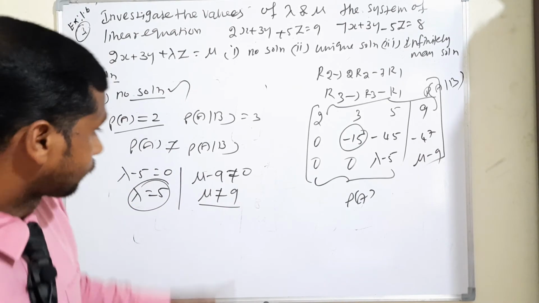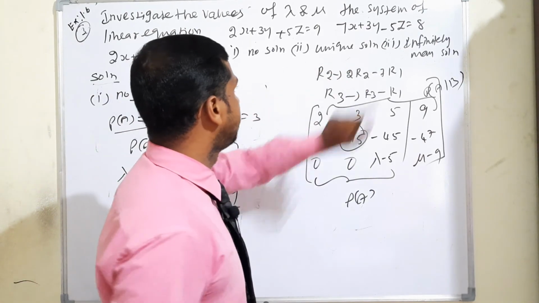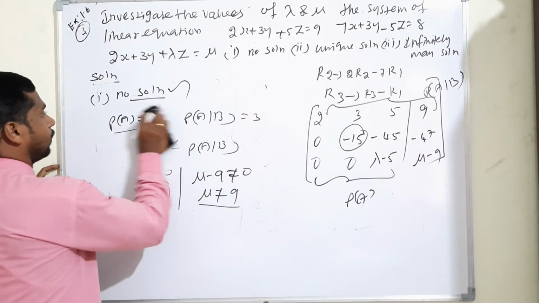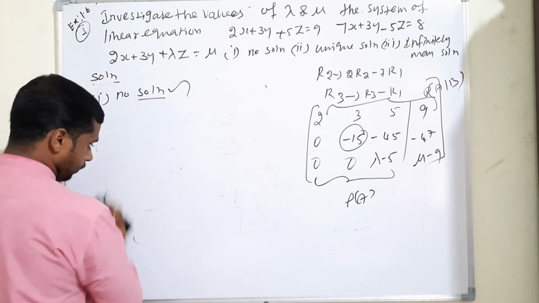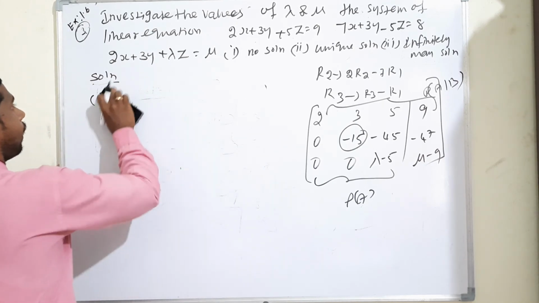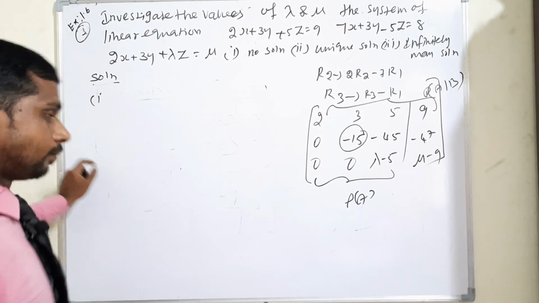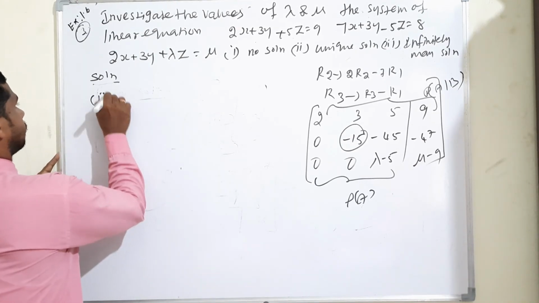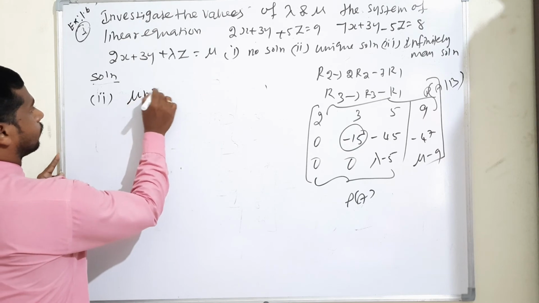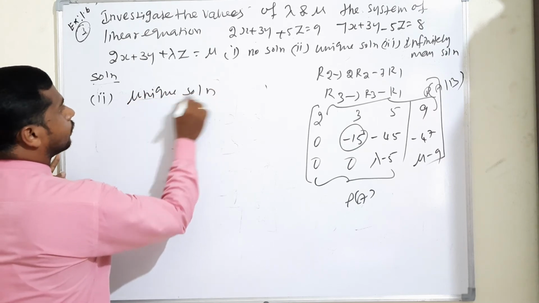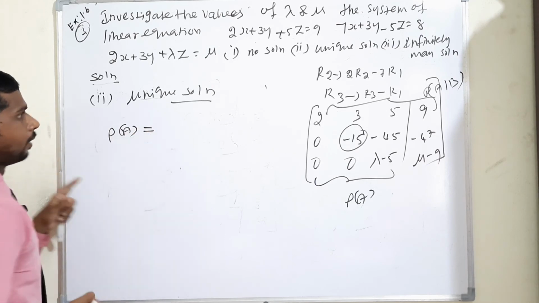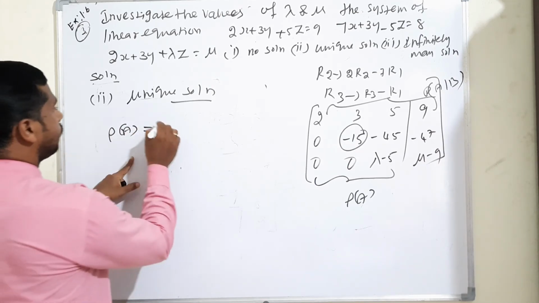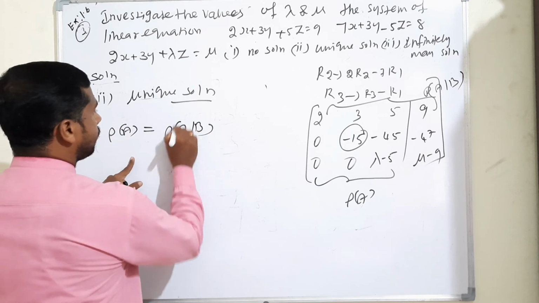Moving to second condition. Second condition, unique solution. Unique solution means rank of A is equal to rank of A with B is equal to 3.